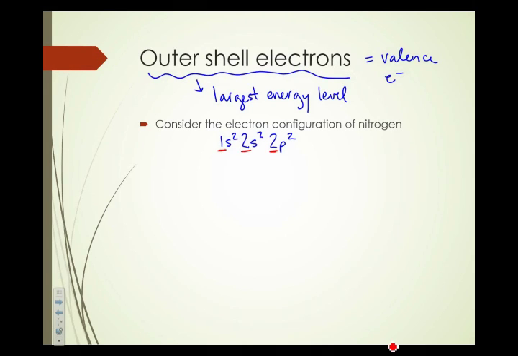And the largest one will refer to my largest energy level. So in the case of nitrogen, I'm talking about the electrons that are in the second shell. Well, that includes all of these in the 2s and all of these in the 2p subshells. And so that means my valence electrons for nitrogen are 5.